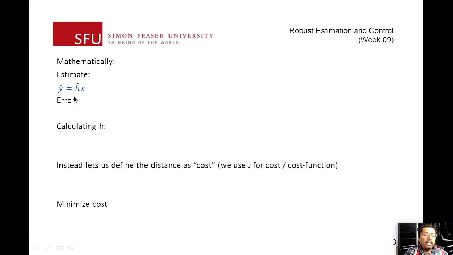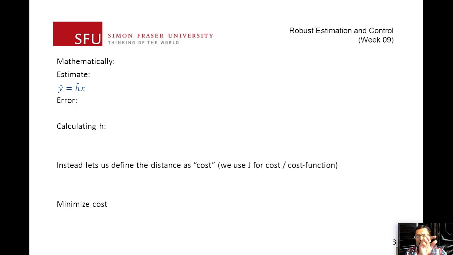If I measure the difference between the actual measurement and the value I get here, for instance, if I took h hat to be 4, then the difference y minus h hat times x would be fairly large.